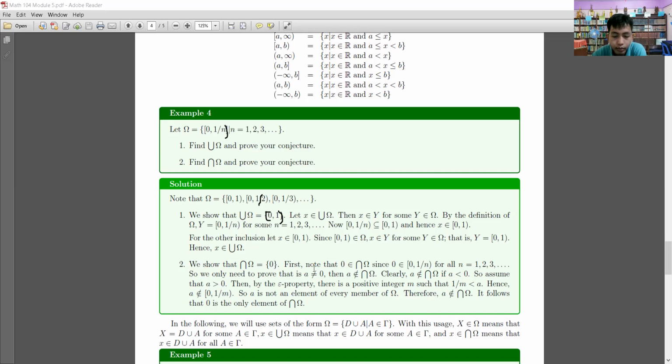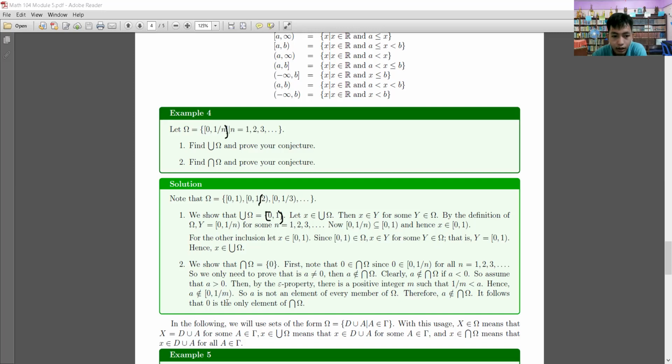So, by the epsilon property, there is a positive integer m such that 1 over m is less than A. Ibig sabihin nun, kung mas malaki si A kaysa 1 over m, then si A wala siya doon sa interval from 0 to 1 over m.